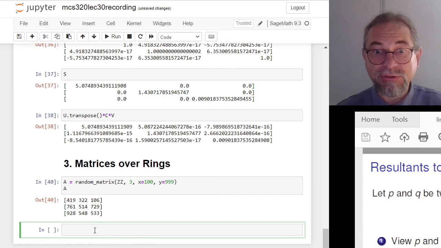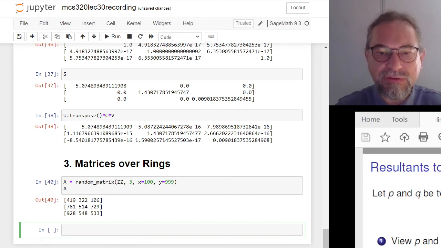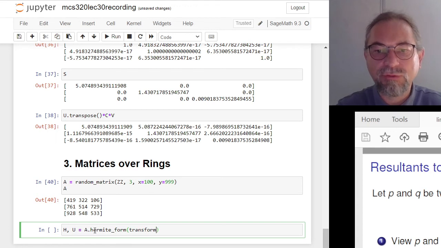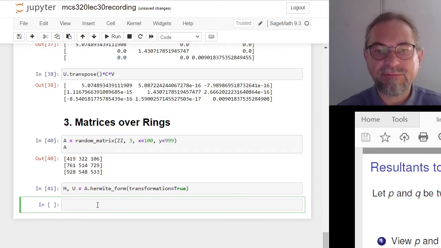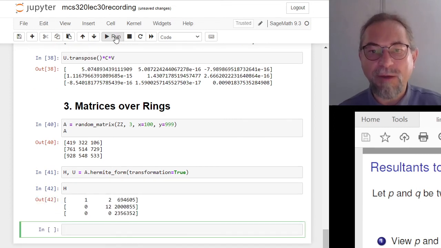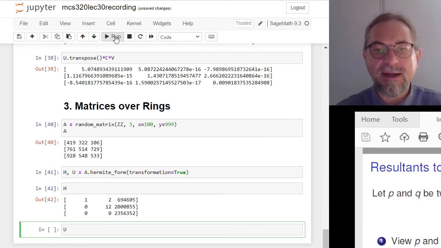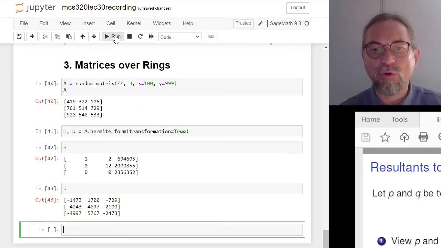With the greatest common divisor, you can introduce zeros, so I can compute the Hermite normal form of the matrix. This is done with the method hermite_form, and I want to also see the U matrix. Let me check if I have that right. The Hermite normal form is an upper triangular form, and the U is a unimodular coordinate transformation.